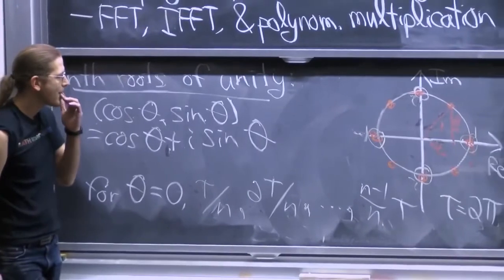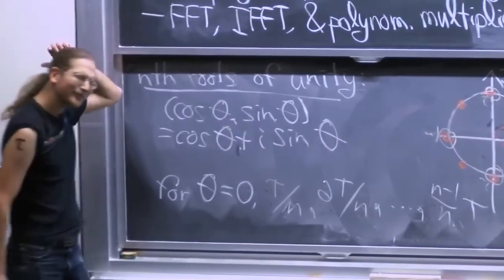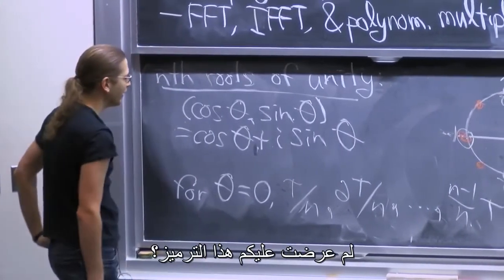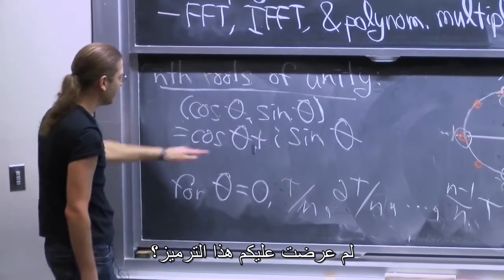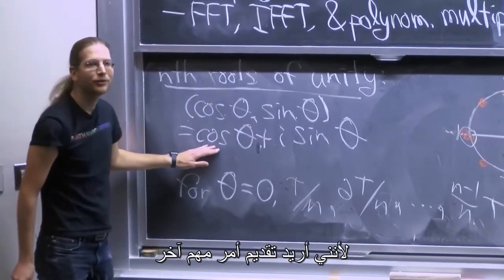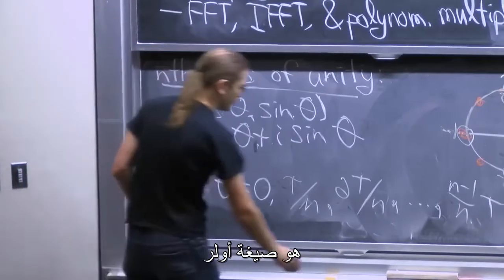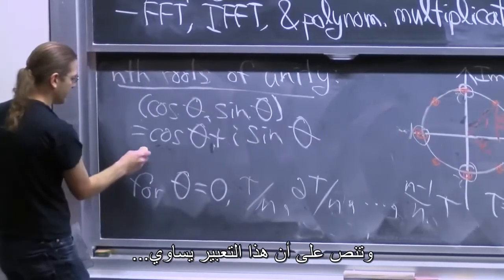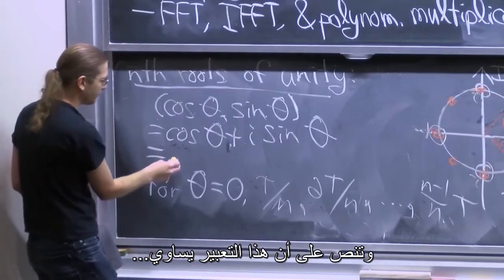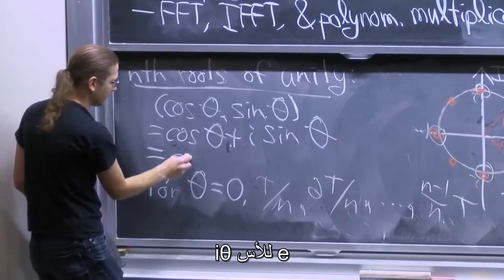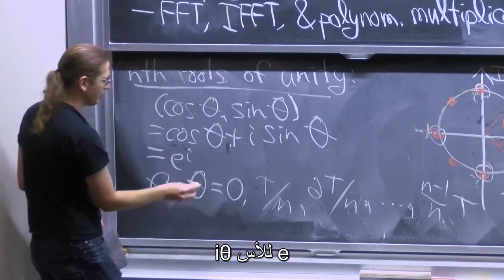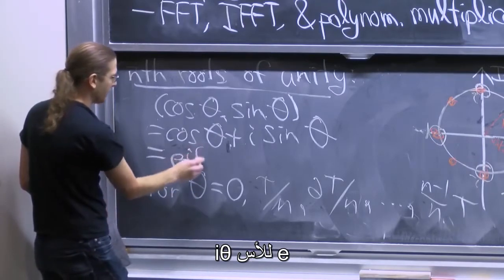Okay? Now, why did I introduce this notation? Because there's this other great thing called Euler's formula, which is that this equals e to the i theta.